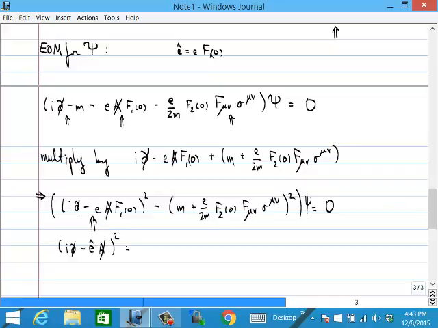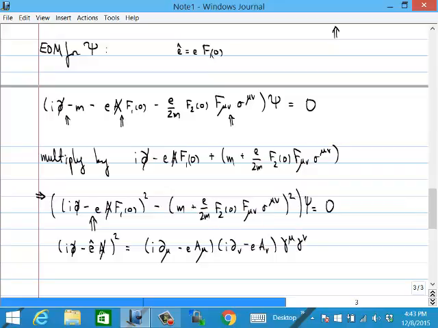Well, let's just write it out explicitly. This is i d mu minus, let's see, do I have a factor of i d mu plus e, sorry, I guess I need a minus e A mu times i d nu minus e A nu times gamma mu gamma nu.